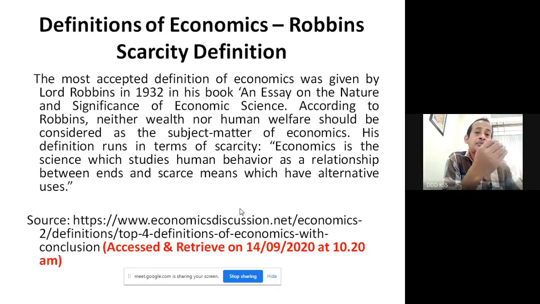Among those multiple wants, a human being needs to prioritize which want is important. Now, to fulfill that want, are the resources available or not? If the resource is available, then it's okay. Otherwise, it can be scarce means. Scarce means scarcity of the means.